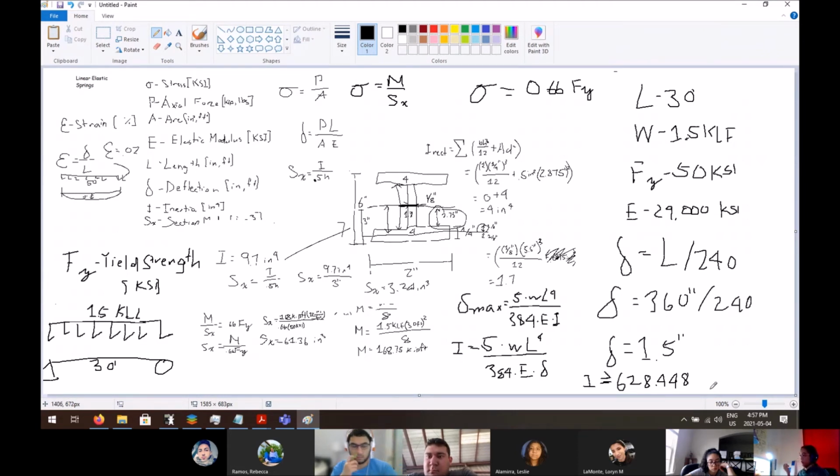So let's say you have an inertia of 630 inches to the 4th, right? That would work because it's super strong. Or you get a beam that has an inertia of 1,000 inches to the 4th. That would also work because it's stronger, but you can't have a beam with an inertia of 600 inches to the 4th because that would be super weak and not comply with all these calculations. So inertia has to be greater than or equal to this value.